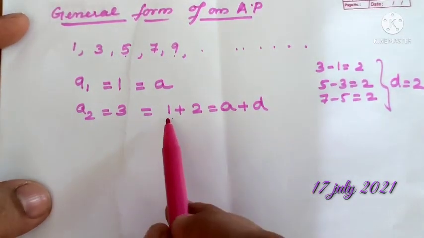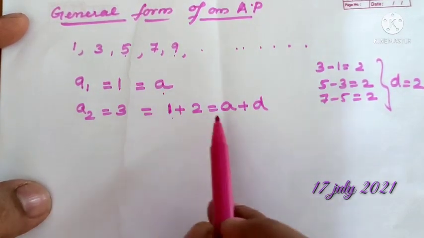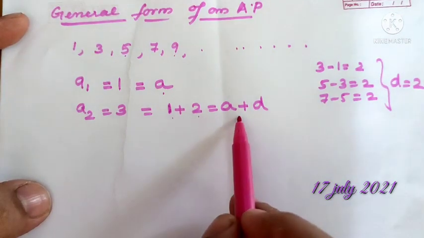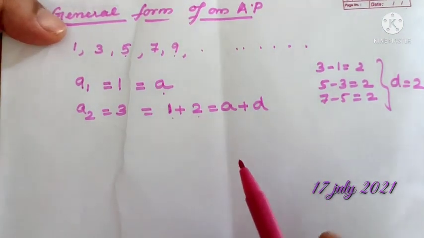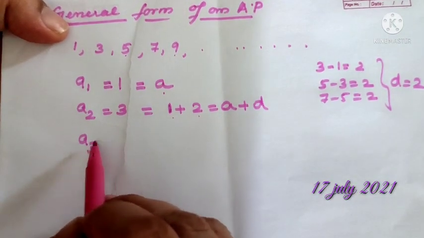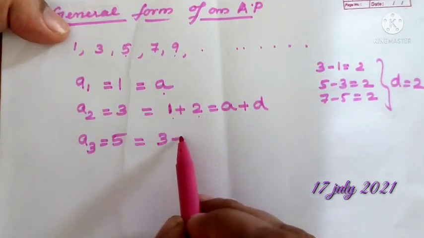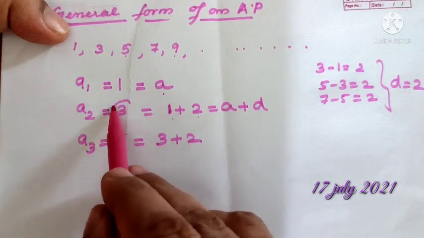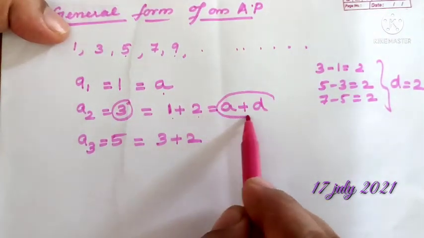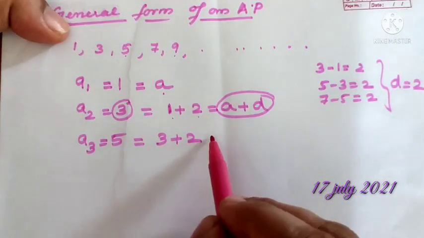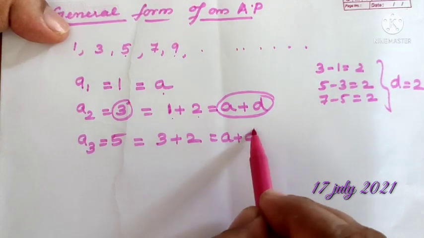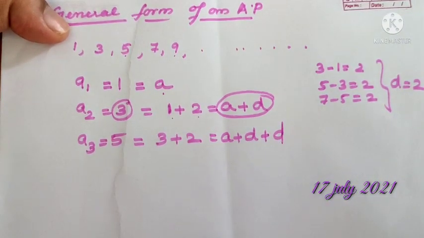Now we have taken 1 as A and 2 as D, so we get A plus D. Now I want A3. A3 is 5 for us, and 5 means 3 plus 2. What is 3 for us? It is A plus D. So A plus D plus D again. So what is that?